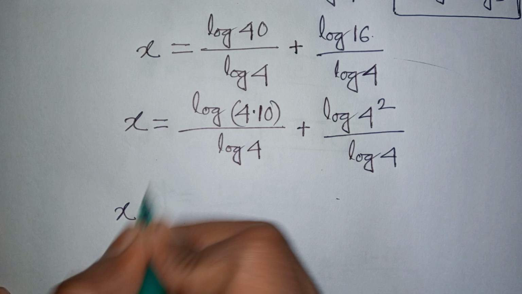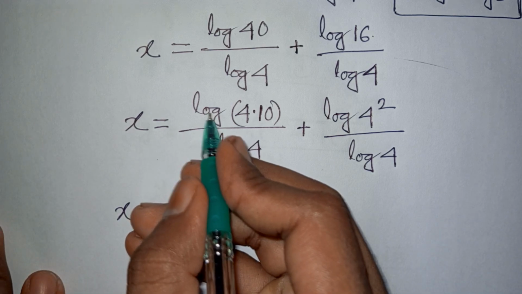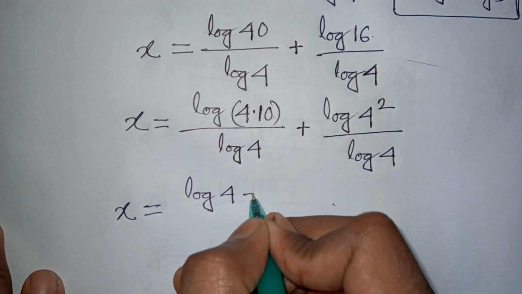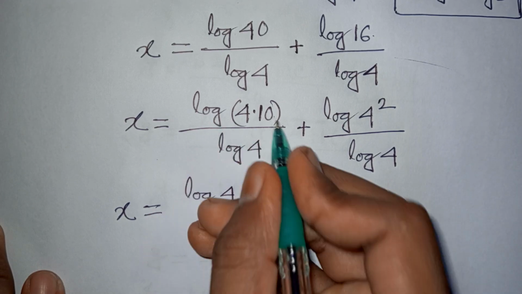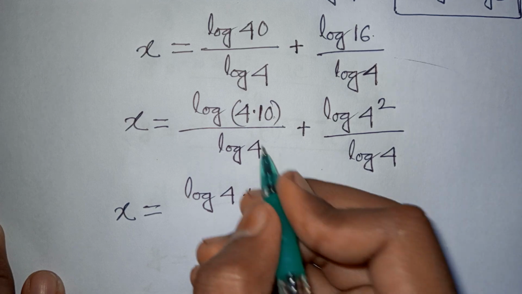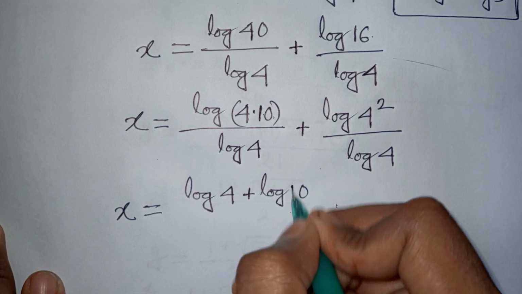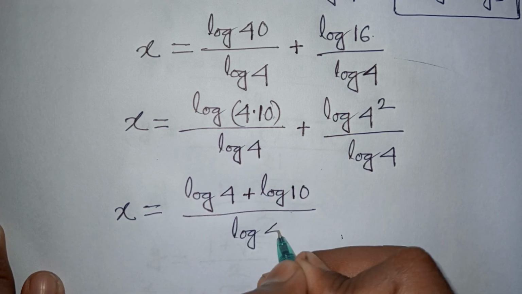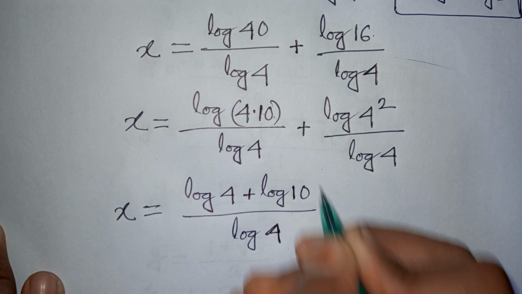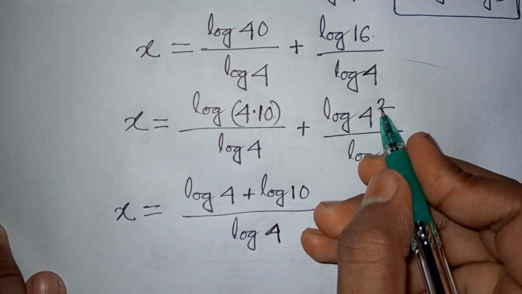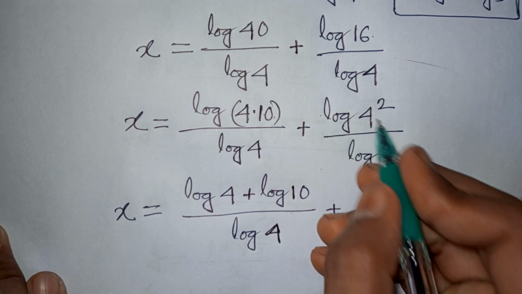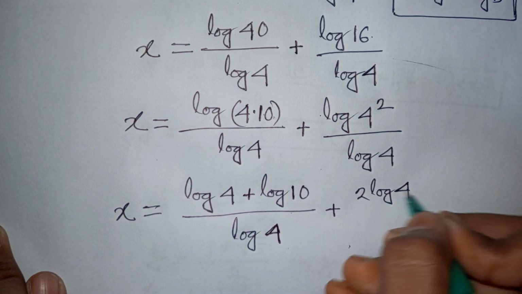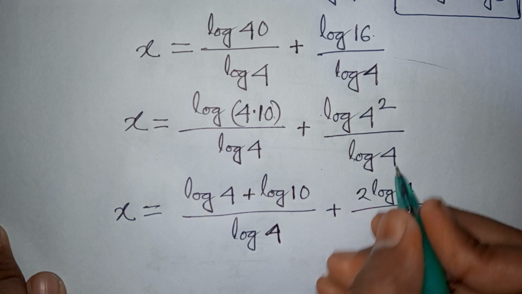Now x is equal to log of 4 times 10, which is the same as log 4 plus log 10, over log 4. Then plus this power 2 will move to the front. It will be 2 log 4 over log 4.